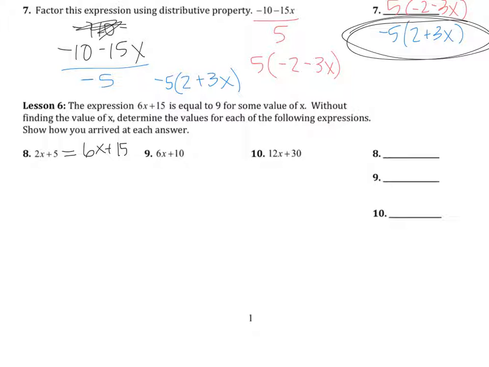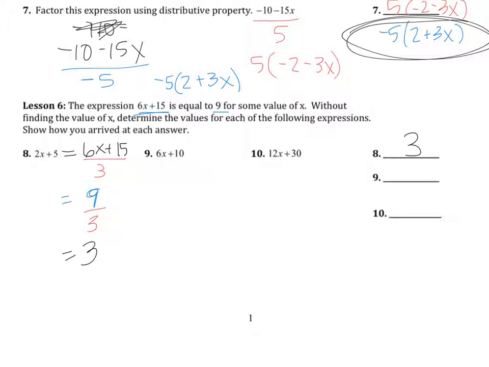Well, I divide by 3. Because isn't it true that 6x divided by 3 is 2x and 15 divided by 3 is 5? But what I know up here is that 6x plus 15 is 9. So this is the same thing as 9 divided by 3. And 9 divided by 3 is 3.